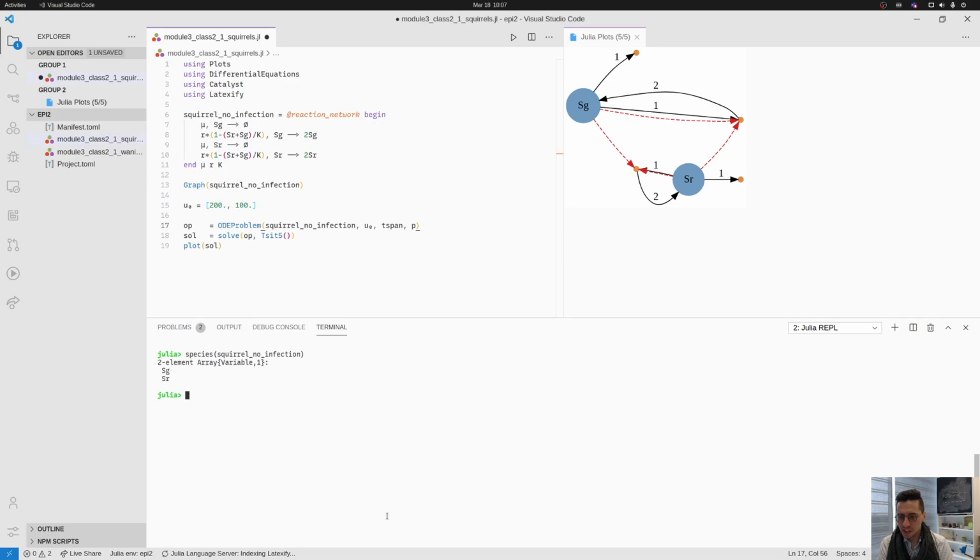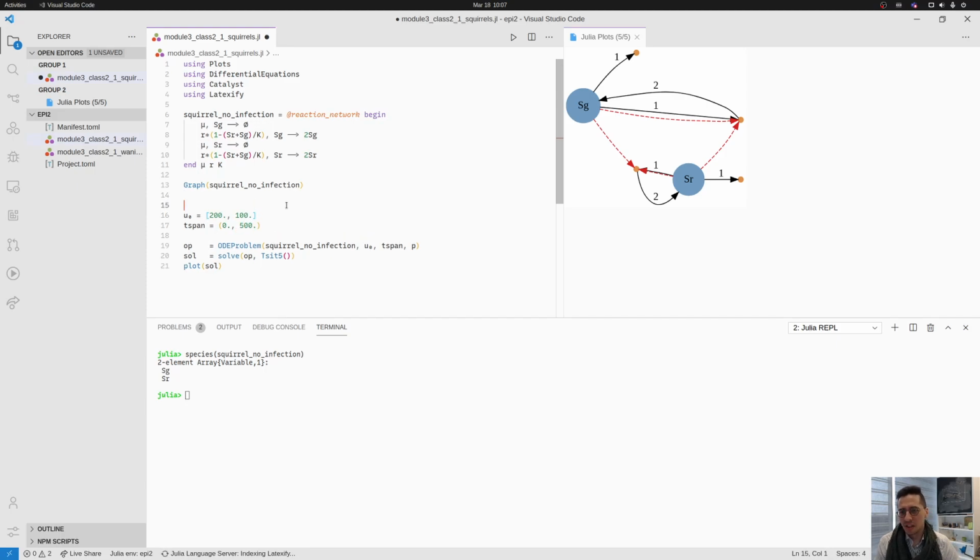So the first species is the gray squirrel, and the second species is the red one. And the red one is at a competitive disadvantage. But anyway, in real life, not in the model, at least not yet. We need a T-span. I'm going to do 0 to, I don't know, 500.